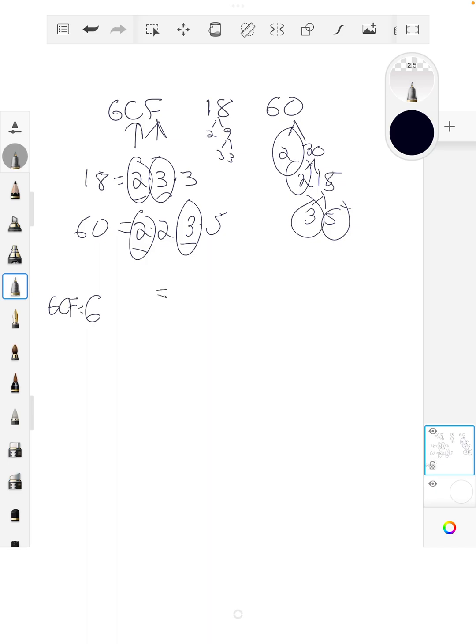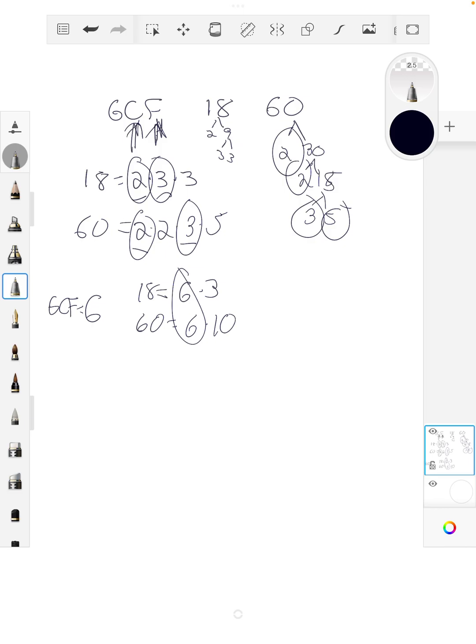Or I could write this as 18 is equal to 6 times 3, and 60 is equal to 6 times 10. And so you can see these are both the biggest common factor, and I can't really do anything else. That's basically it. What is the greatest common factor? Learning how to get there: factor them, find what's common, and then multiply them together.